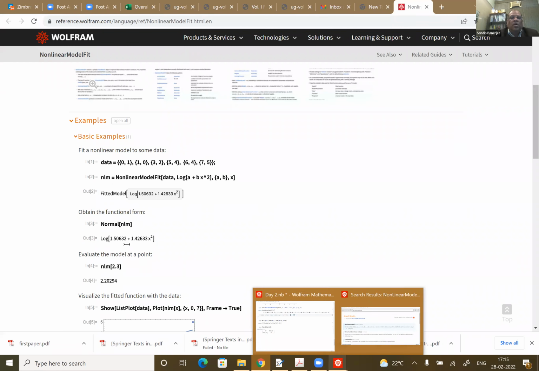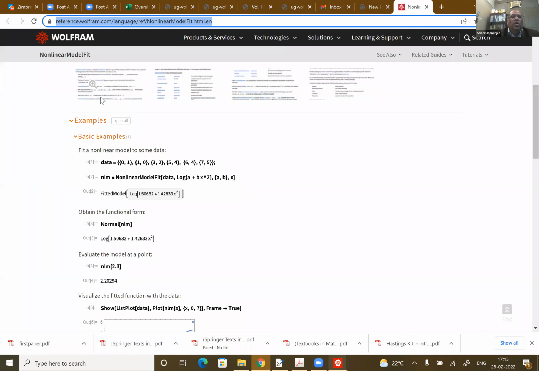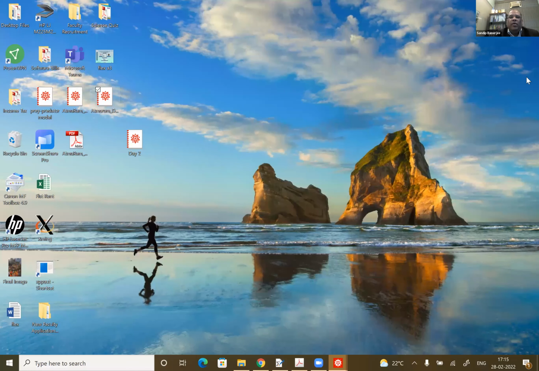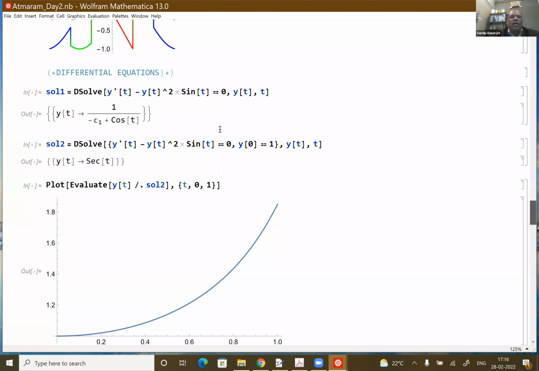So say this one. Let me take a solution. Say I'm giving a simple differential equation, which you will be able to solve by hand, but Mathematica may not.